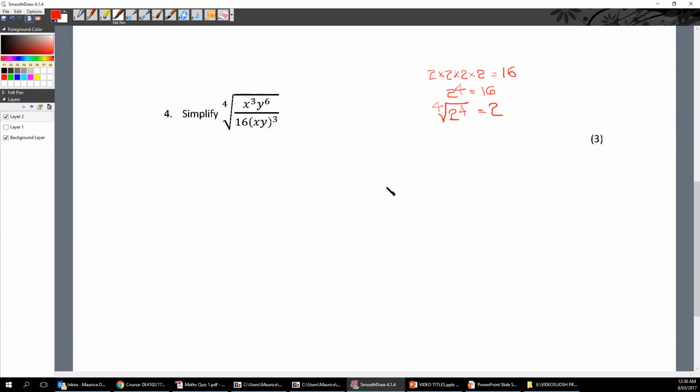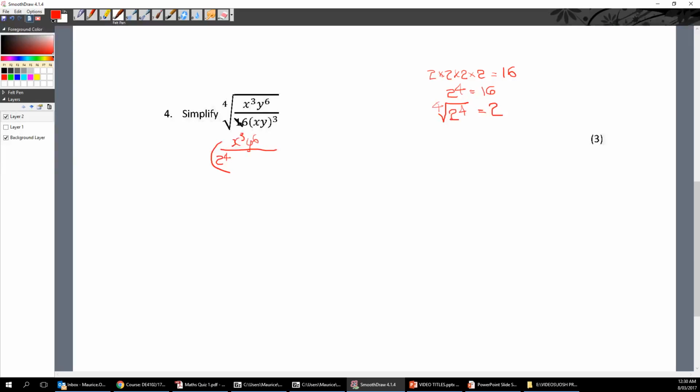Very handy to know. Now, what I'm going to do is I thought I'd just stay with the power, the fourth root thing right to the end, or I could just write it as a quarter. So I'm just going to go a bracket like that, and then I'm going to go x cubed y to the 6th over, I might just write that as 2 to the power of 4 if I wanted, just to make it interesting. 2 to the power of 4.